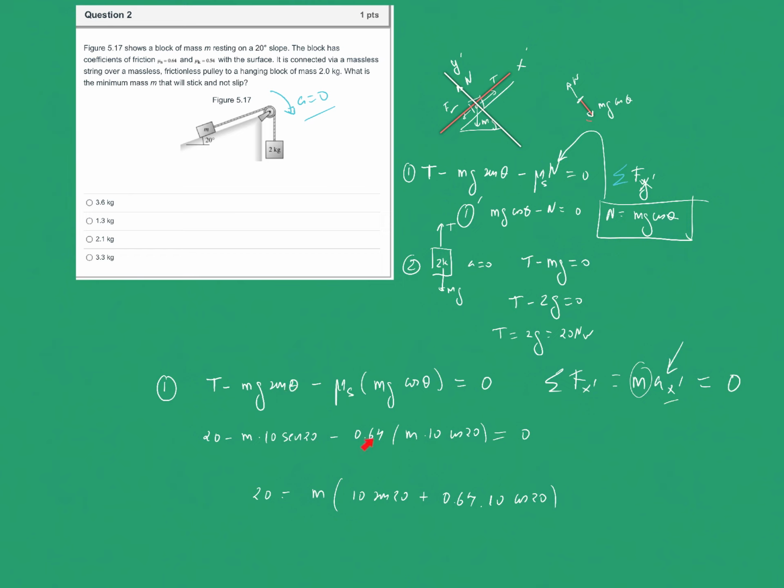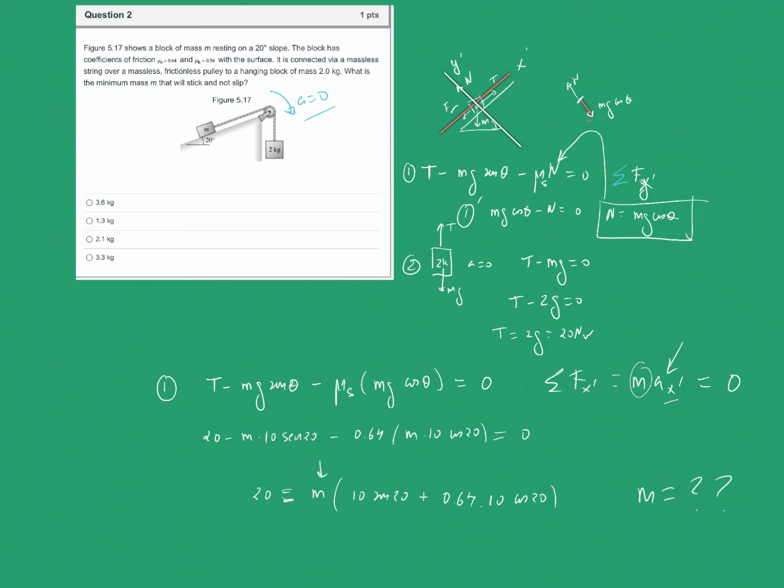The mu static is 0.64, the coefficient of static friction. The m I don't know, the g, and the cosine of 20. This produces an equation, and the only unknown is the mass m, so you can find how much it is.